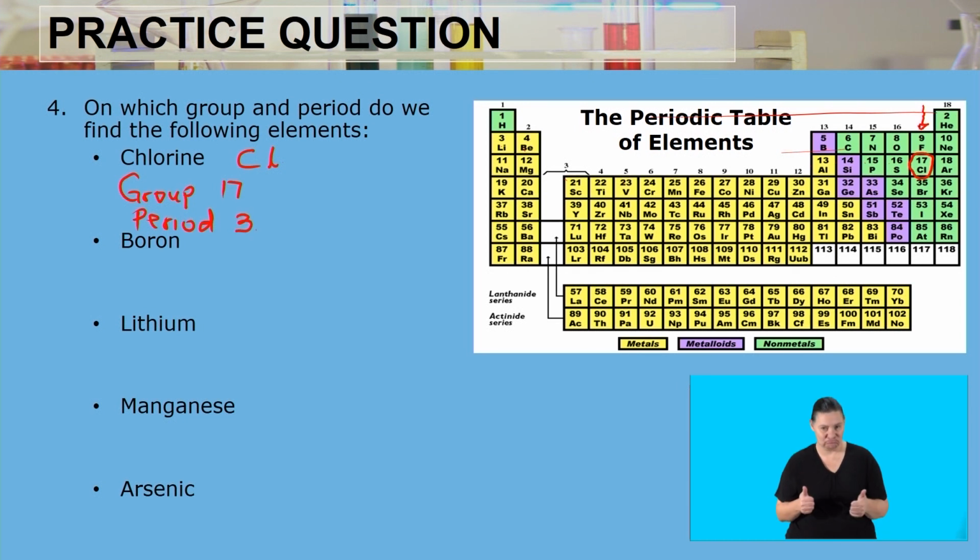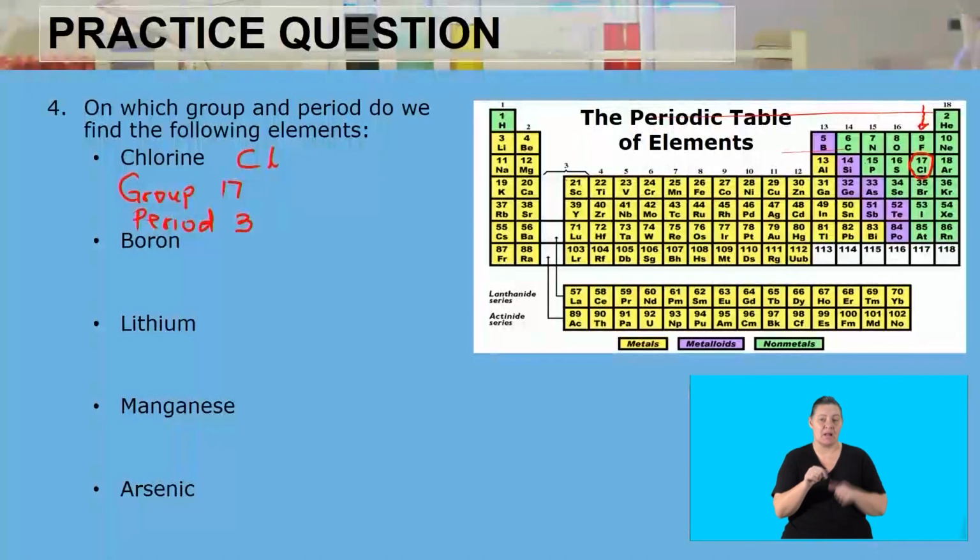Not too bad. Then the next one is boron. On which group and also on which period do we find boron? We know that our chemical symbol for boron is B. So we need to look at where we find B in the periodic table. B is there. And remember, B is in between the left-hand side and the right-hand side, so therefore it is a semi-metal or a metalloid.